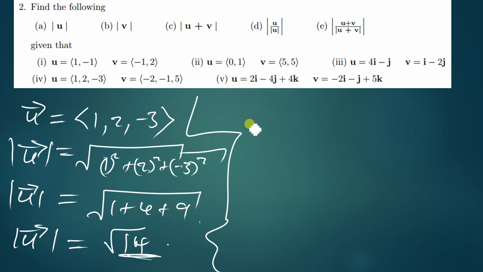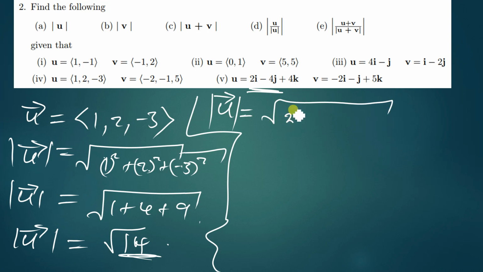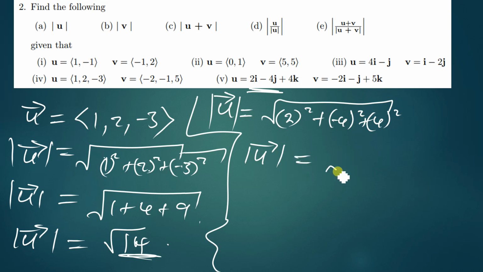We move on to u, the one that is in 3D and in Cartesian form. So the magnitude of this one, we say the square root of 2 squared plus negative 4 squared plus 4 squared. So the magnitude of this u gives us the root of 4 plus 16 plus 16.